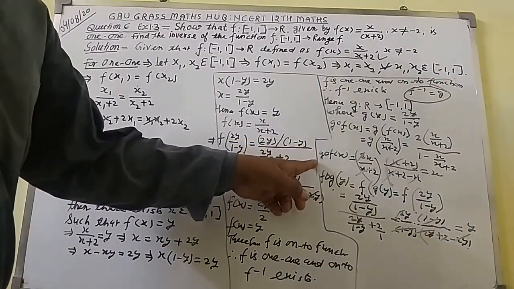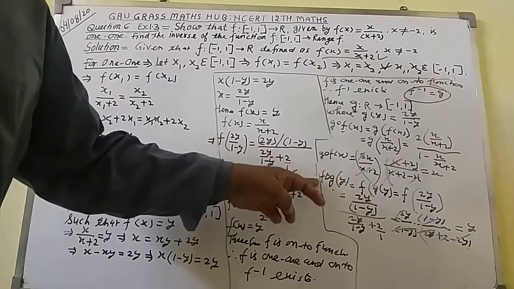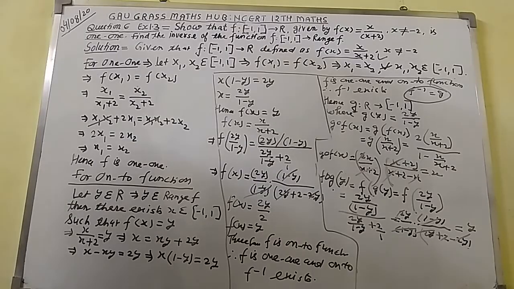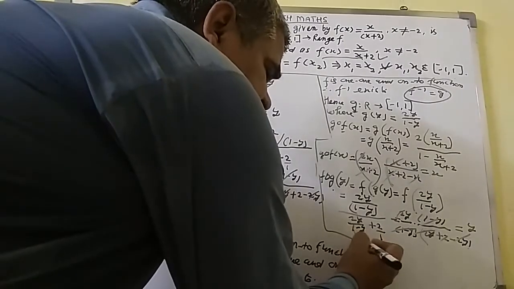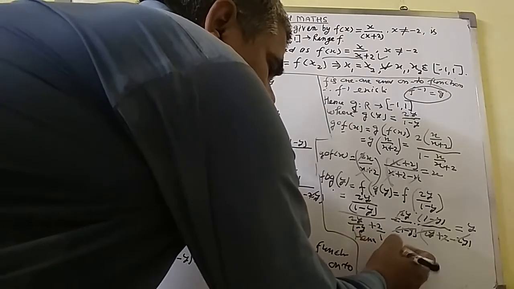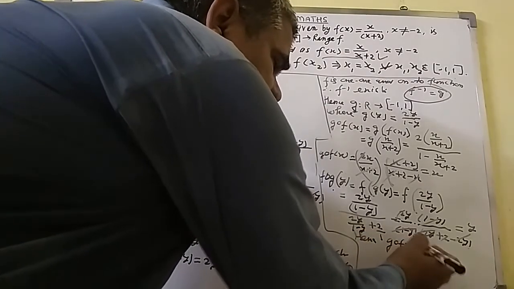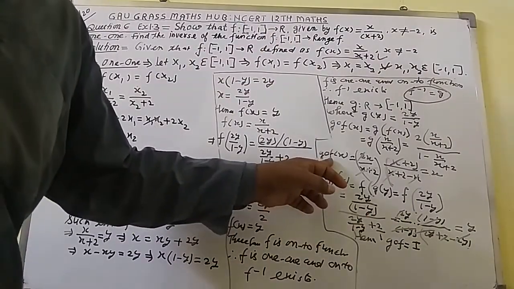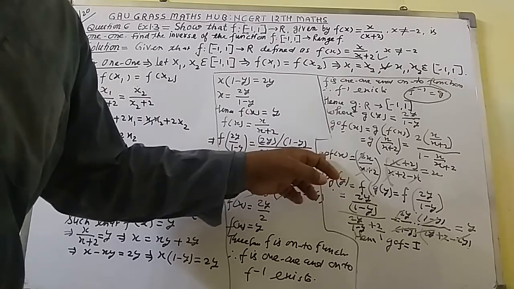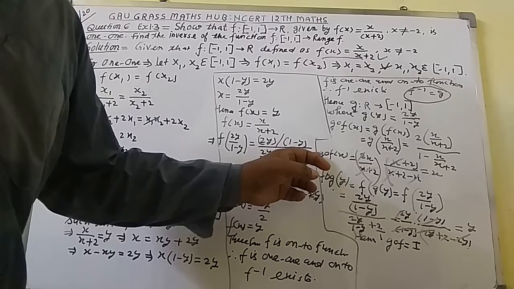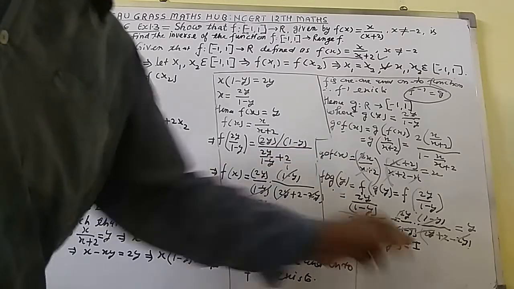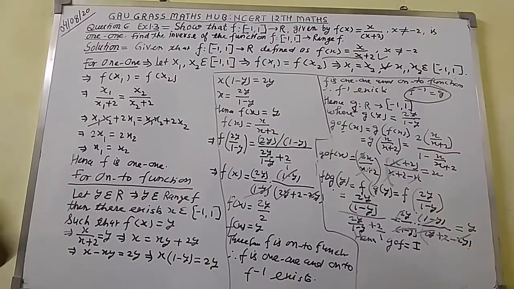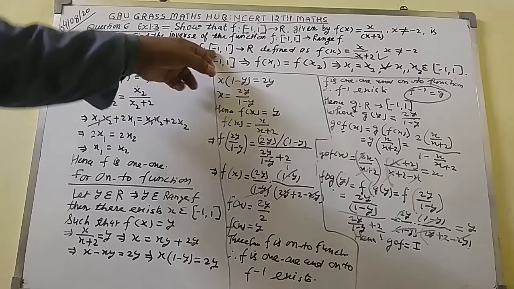Hence g o f equal to identity function. Here I have written g of f(x), so I shall only write g o f equal to identity function. This is x, and x is related to the domain, the identity function on the domain.